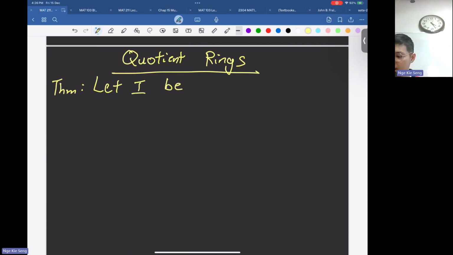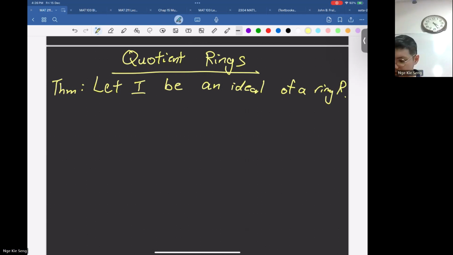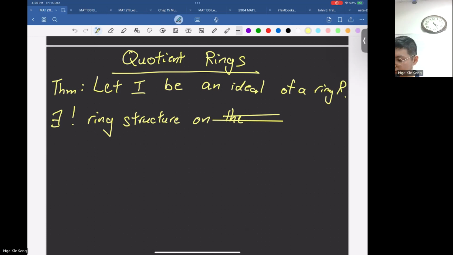Let I be an ideal of a ring R. Then we quotient by it. There exists a ring structure on the set R quotient I, or we call it R bar.